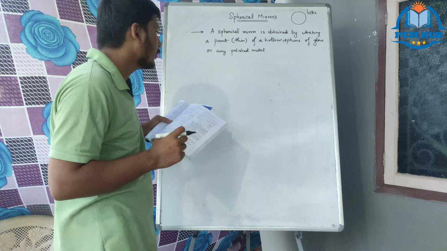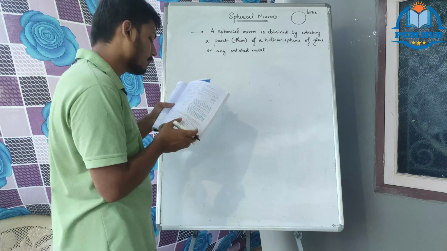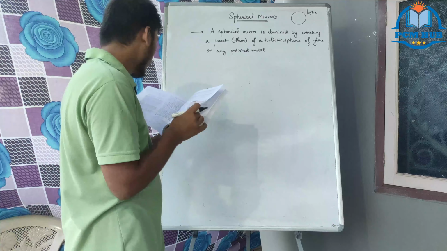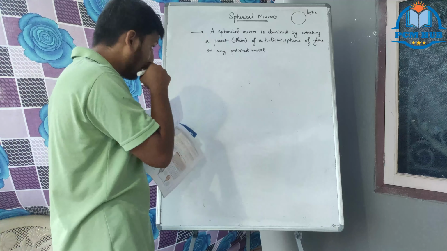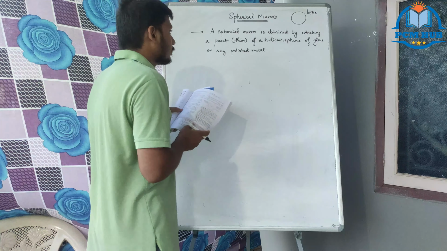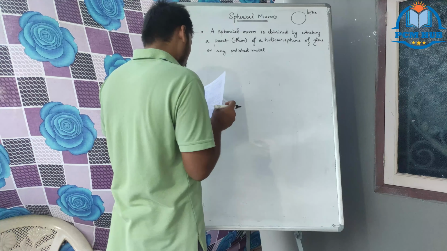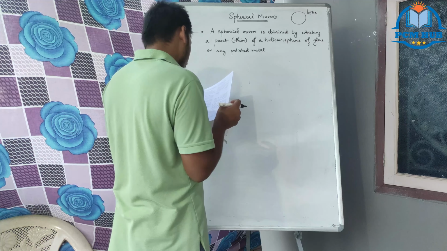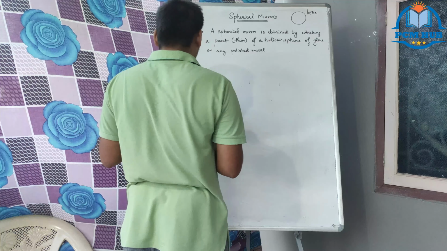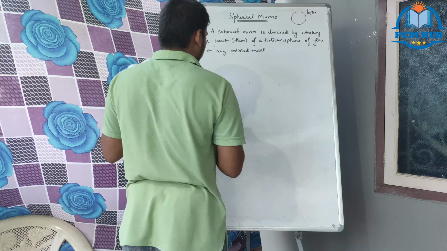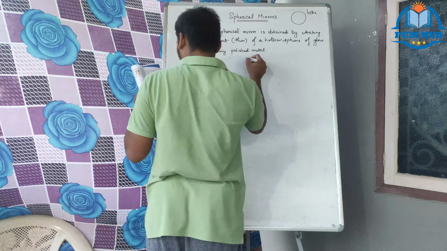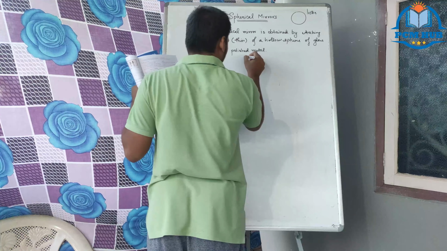So what is happening when a spherical mirror is observed? Let me see some basic terms. Now see very carefully what I am drawing. This is the main important drawing which defines everything.